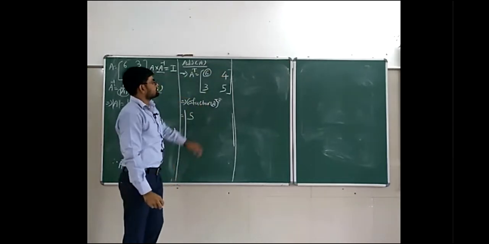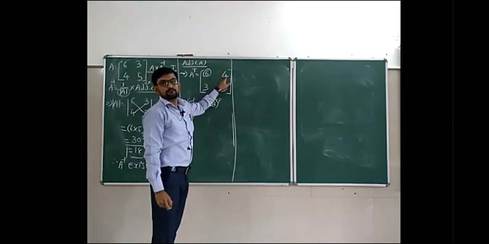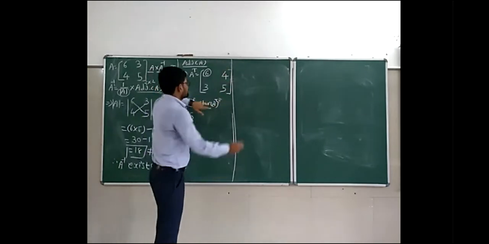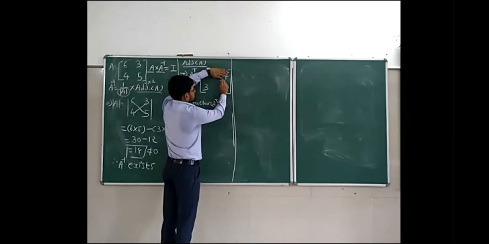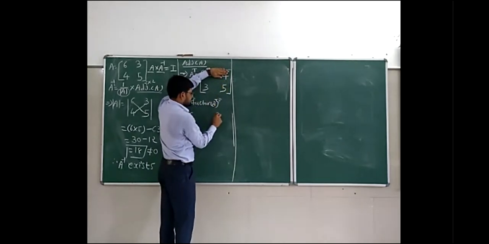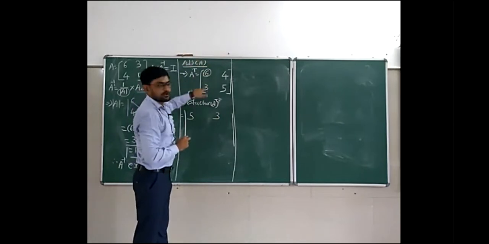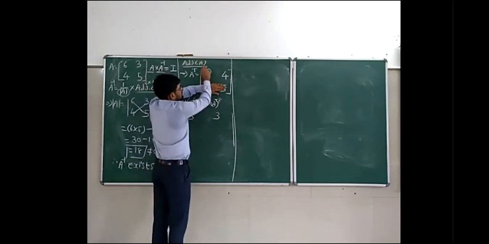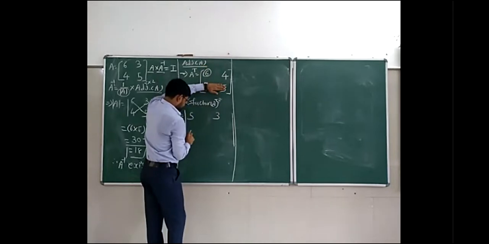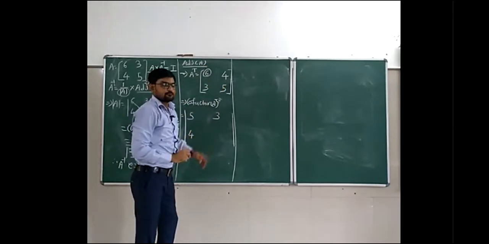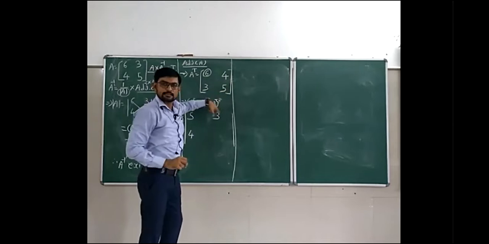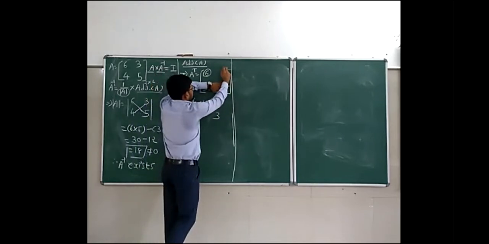Then hide first row, second column. Now the remaining element is 3. Then hide second row, first column. So the remaining element is 4. Then hide second row, second column. So the remaining element is 6.